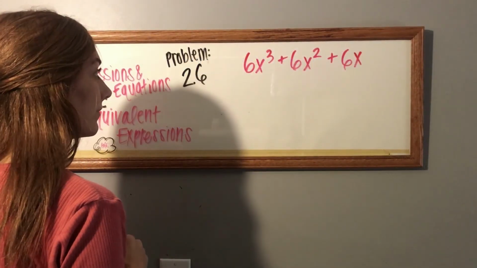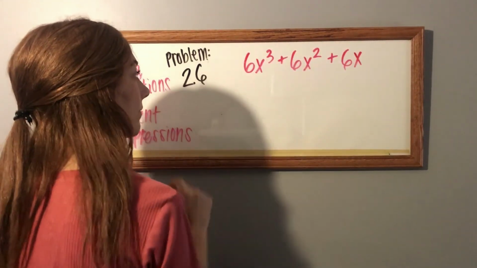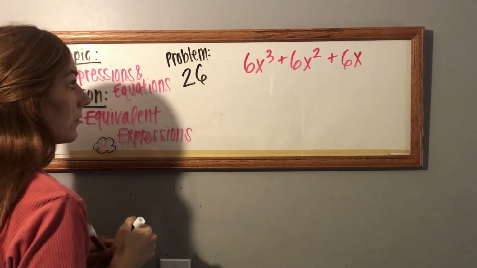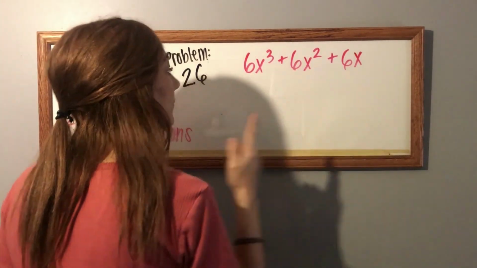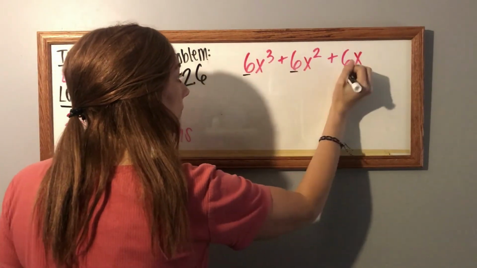So when I break down these 3 terms and look for a common factor, they made this one a little bit easy in that all the coefficients are the same and they are 6.